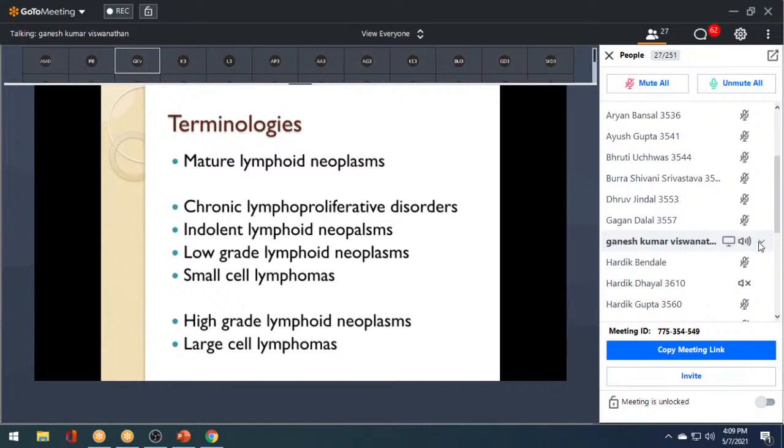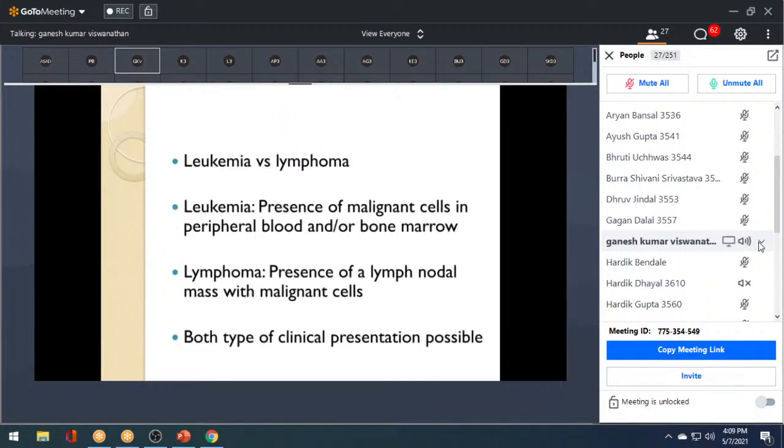Again, it's better to classify the entity, like the important entity being diffuse large B-cell lymphoma. And we also need to emphasize the terms leukemia and lymphoma. Leukemia is the presence of malignant cells in the peripheral blood and bone marrow, whereas if it's present as a lymph nodal mass or as a mass lesion, it's lymphoma.